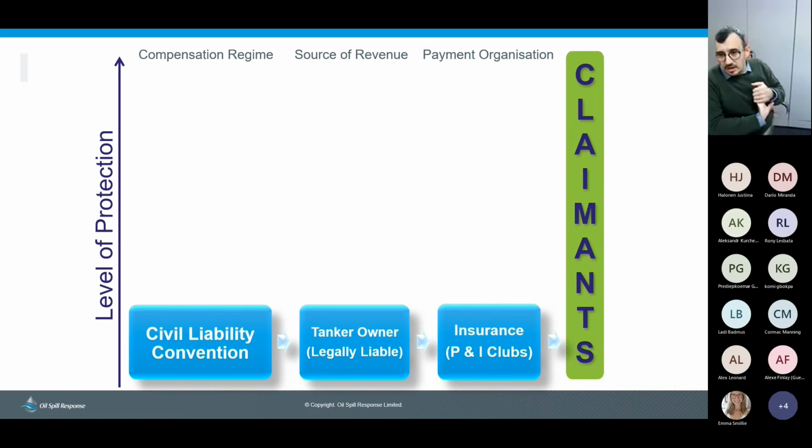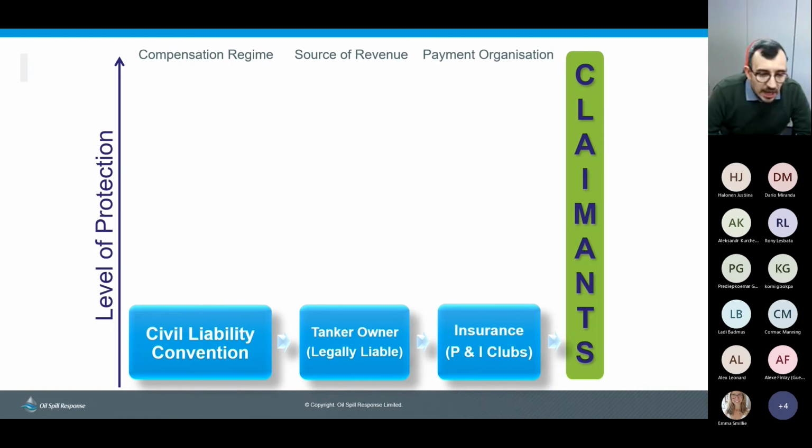So the strict liability means that even in the absence of fault, the ship owner will assume liability for this, and the P&I club will, the mechanisms will start, and claims can be submitted, and the P&I clubs can then work through those claims to see if they meet all of the various requirements.